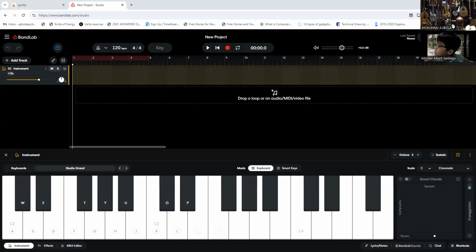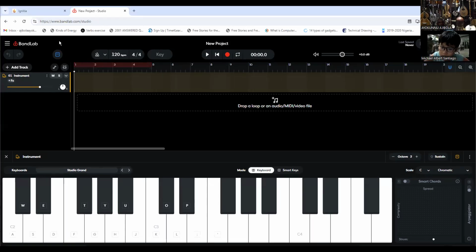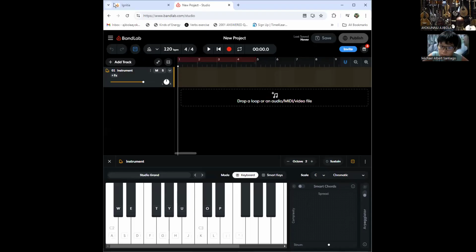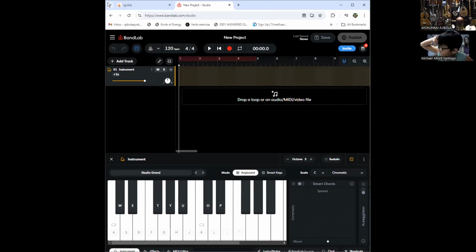Then this one also has to go down a little bit, so that when I share the two screens, we'll be able to see the two screens side by side. So you will see what I'm going to play. Then you'll also see the lyrics at the same time.